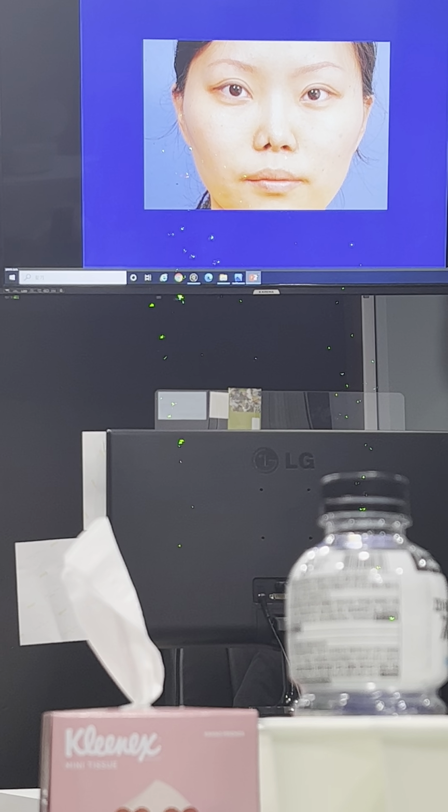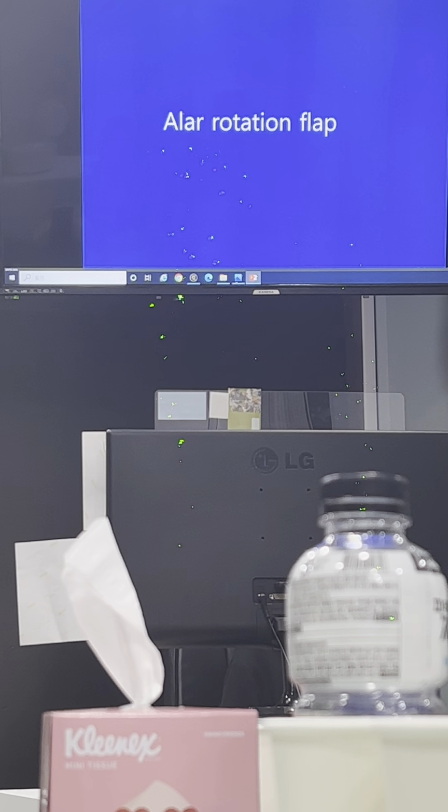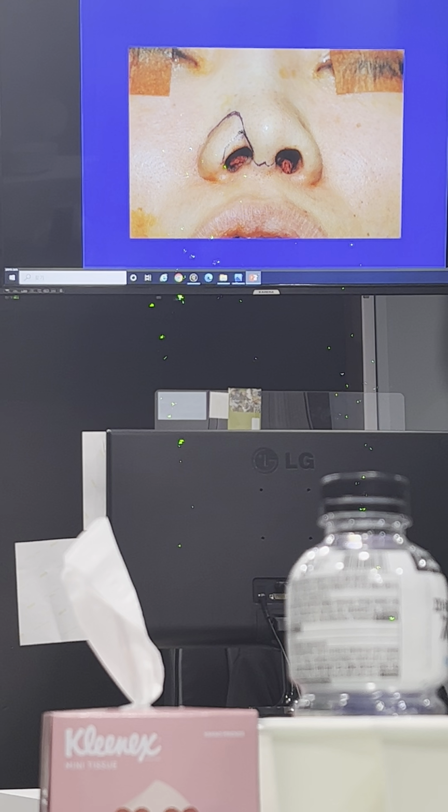But in the case of medially oriented alar retraction like this, on the medial side, I prefer to use the alar rotation flap. At first, I design the alar rotation flap like this. Using this skin, I make the mucosal area.